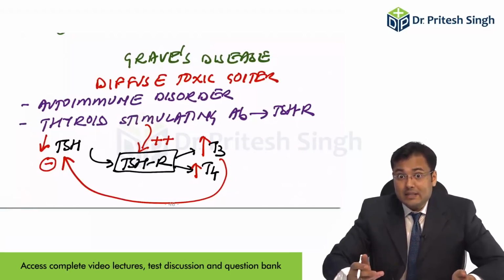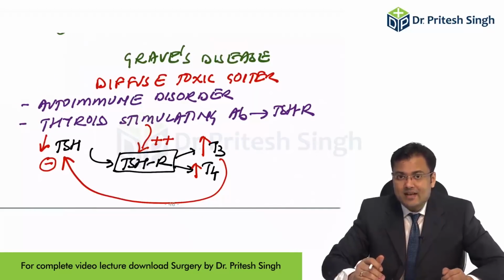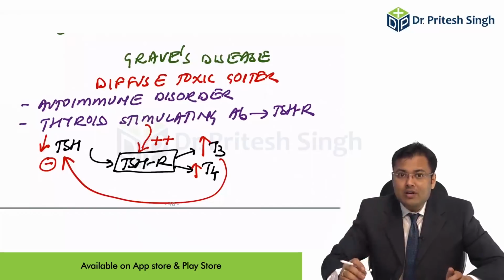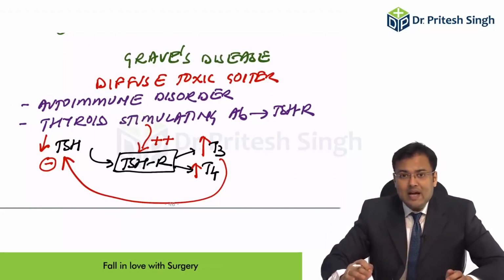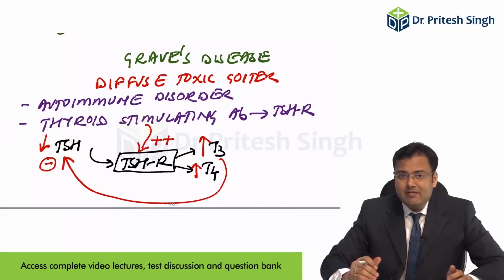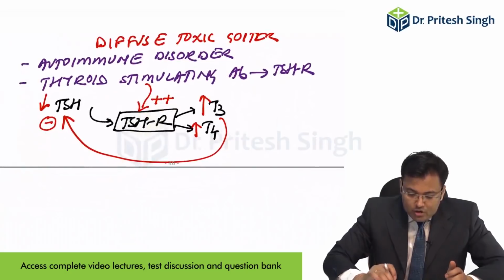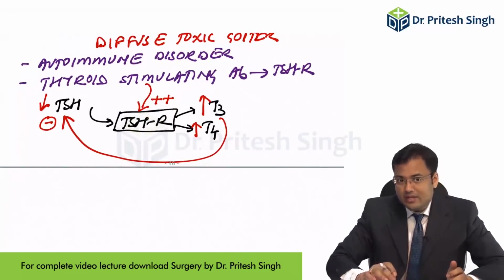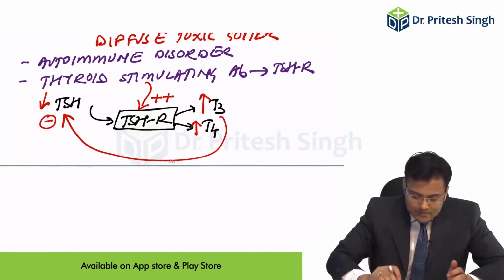So it is characterized by increased T3, increased T4 and decreased TSH. It means patient is having what? Hyperthyroidism. Not only hyperthyroidism, actually the patient is having thyrotoxicosis.